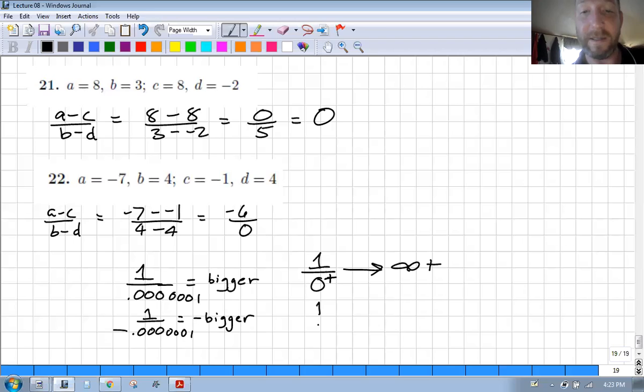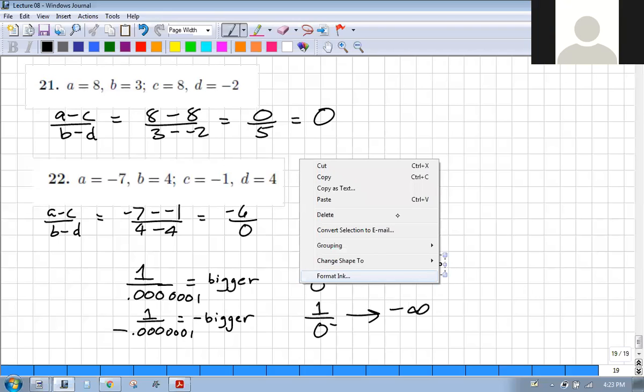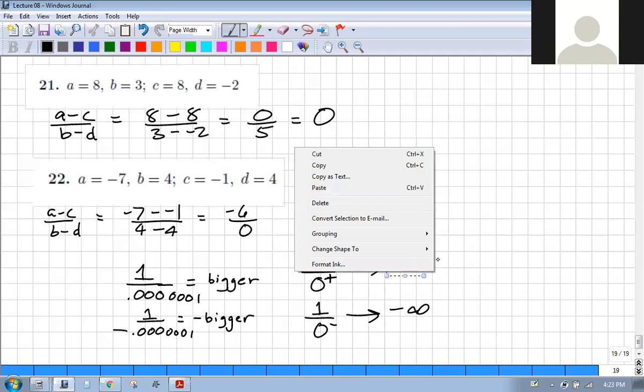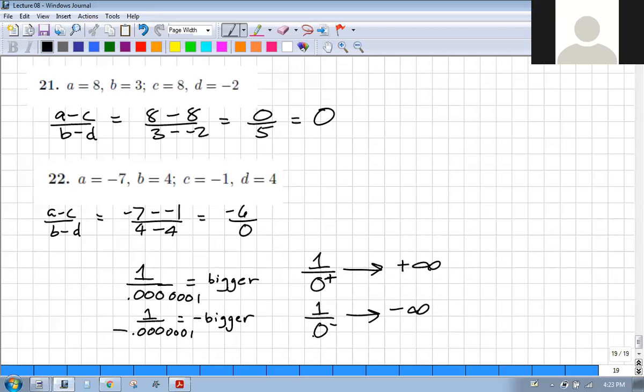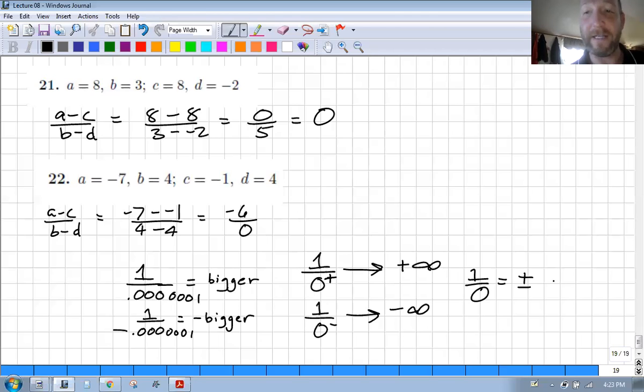So if I use 0 minus to denote something that's so close to 0 but negative, you're going to get a really huge number, but it's negative. I should have put this plus sign on the other side. It's positive infinity. Okay, so what we're saying here is 1 divided by 0 is equal to both positive and negative infinity.